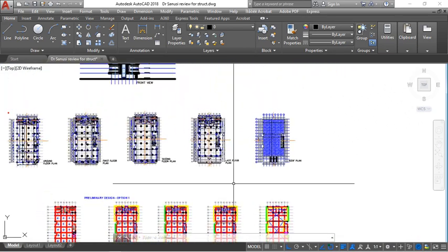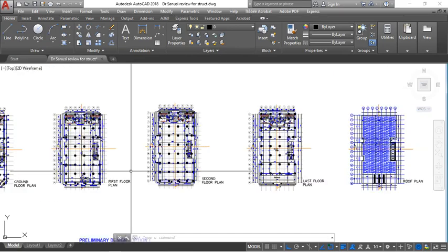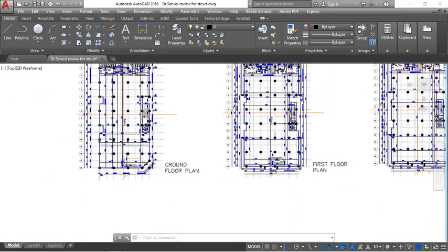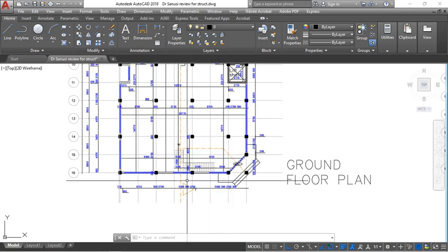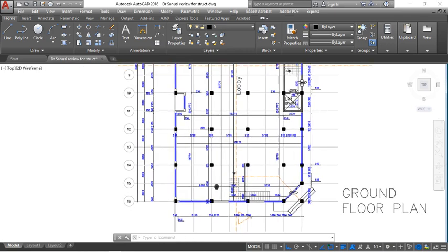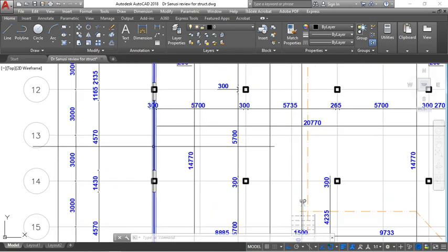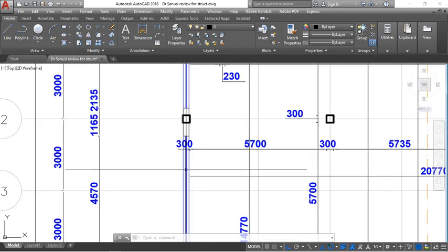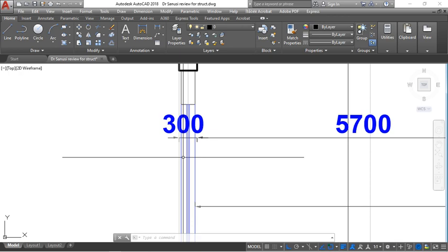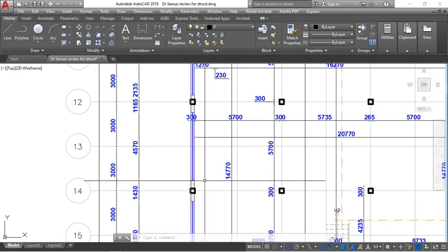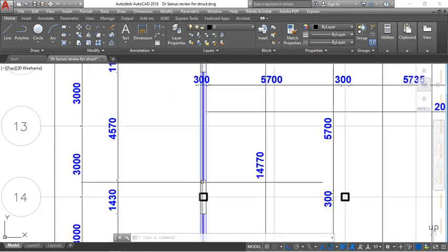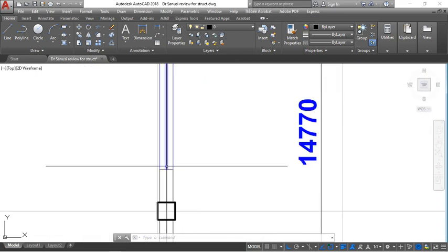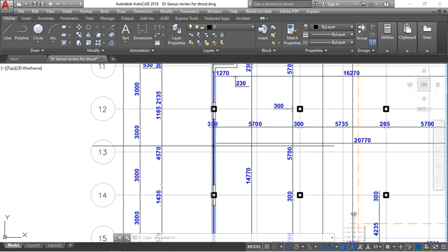Then another thing I want to cite is that when it comes to foundation generally, there's this practice that if you have a wall, there's supposed to be a foundation for your block wall. But what I notice most times in practice, even by professionals, is that for your wall, they will say it is blinding.